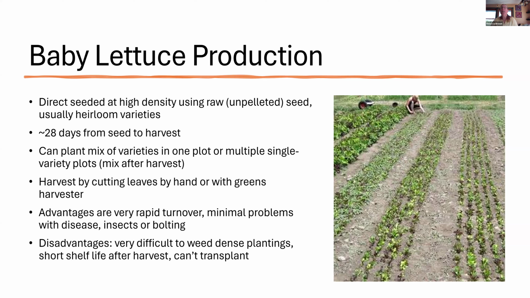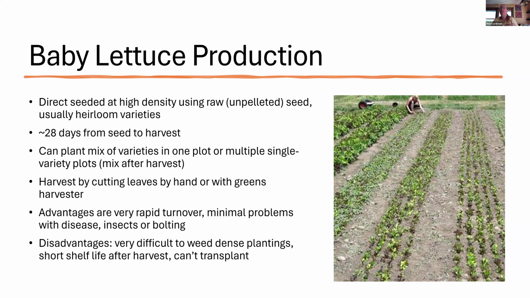Also, because of the high density that we're growing baby lettuce at, it's not amenable to transplanting. So if your soil is really hot, for instance, because it's July or August, you don't really have that option of germinating the seed indoors in a controlled environment.